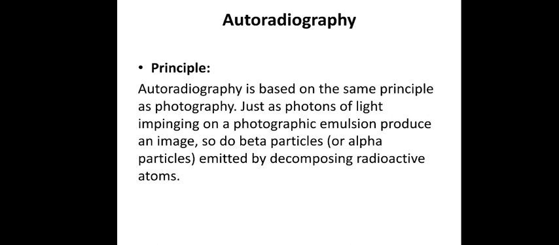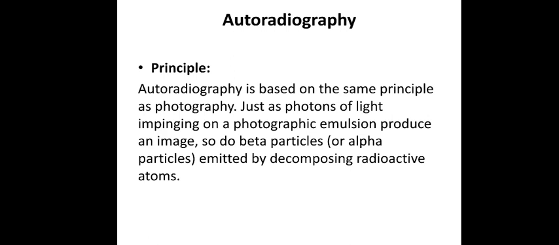Okay, so similarly here beta particles or sometimes even alpha particles are emitted by a decomposing radioactive element. This will be then exposed on a sheet, a particular emulsion filter, and then it might reduce certain chemicals that are pasted on a photographic film.